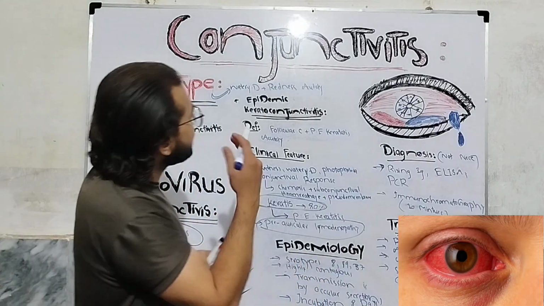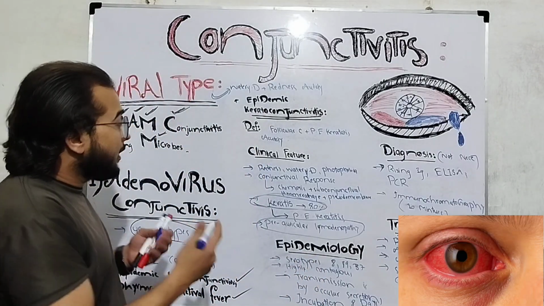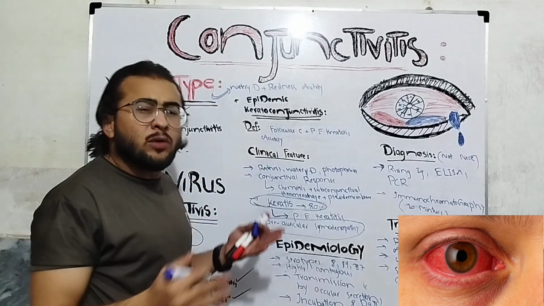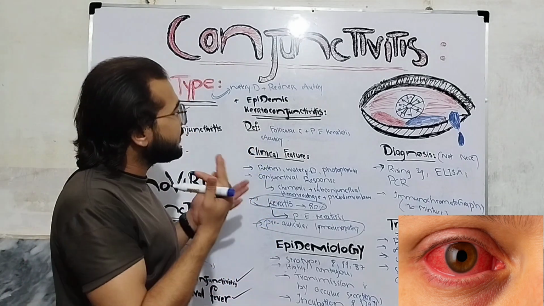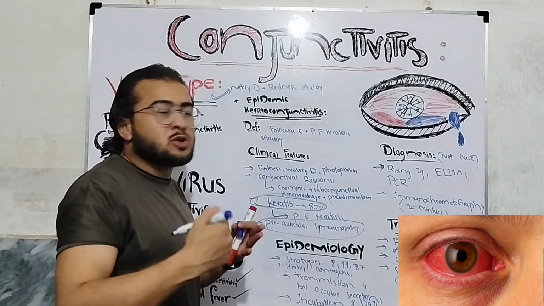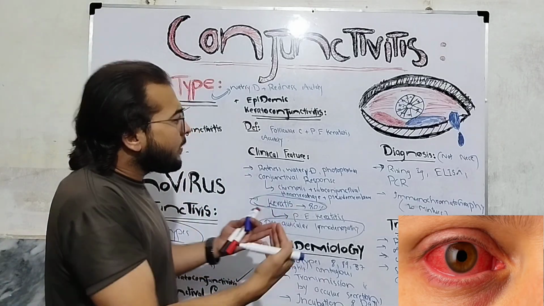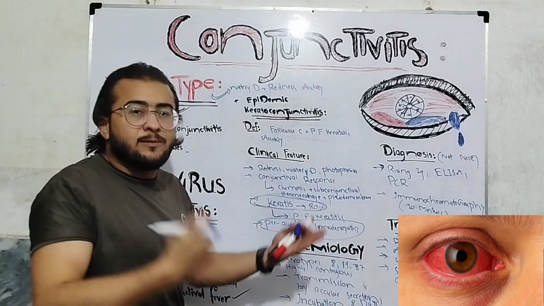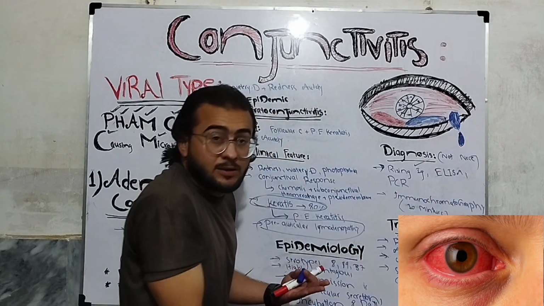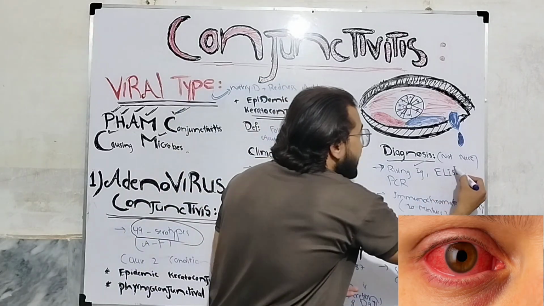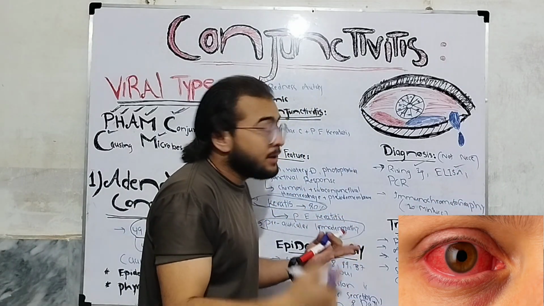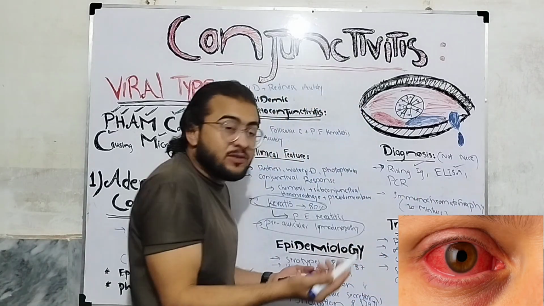Now how can we diagnose the condition? There is no need of clinical investigation because it is a viral condition, and a viral condition is mostly self-limiting. If you want to investigate, the rising titer of antibodies can be checked. We can do ELISA, enzyme linked immunosorbent assay. We can do PCR.